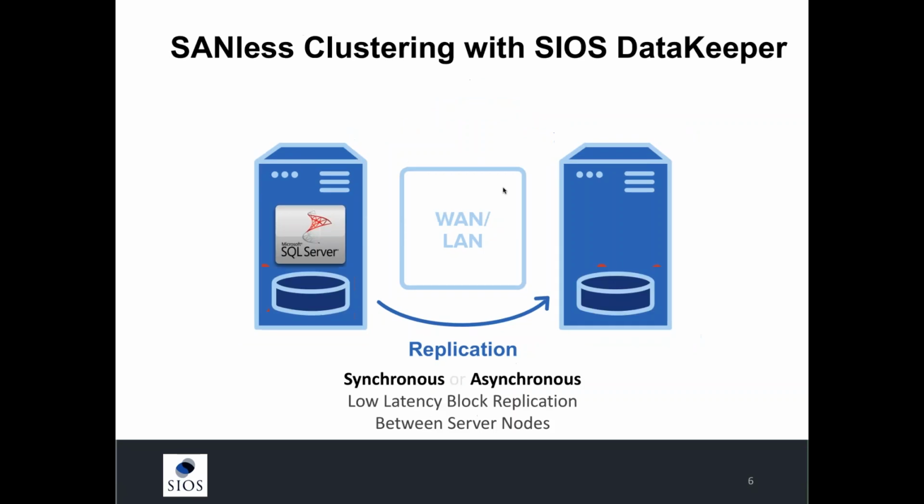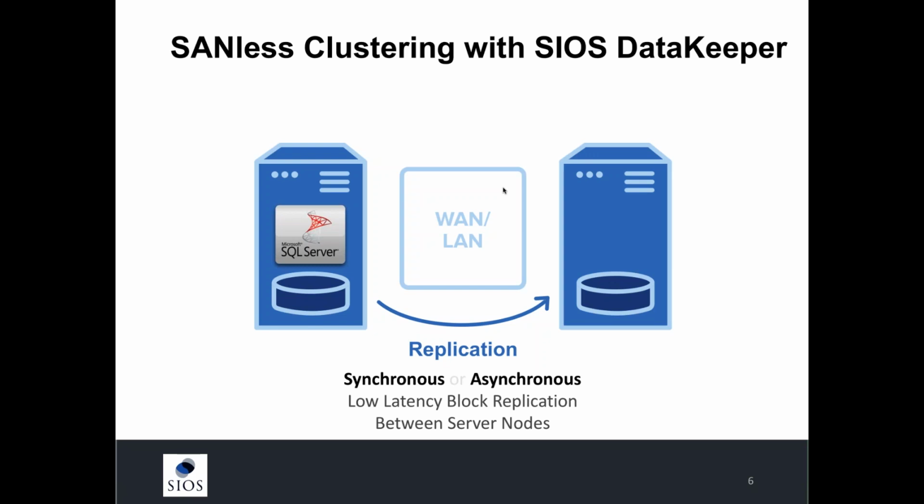So what DataKeeper, specifically DataKeeper Cluster Edition, does is it allows you to deploy this quote-unquote SANless clustering architecture. A more accurate term would be a shared nothing cluster, basically meaning that you don't have any shared storage between your systems. If you think back to the availability groups diagram that Scott covered, this is a similar architecture.